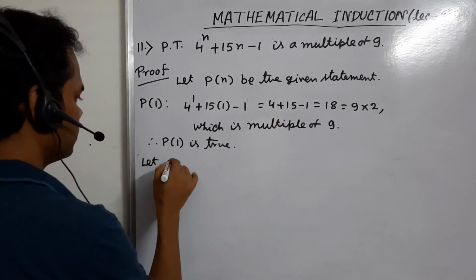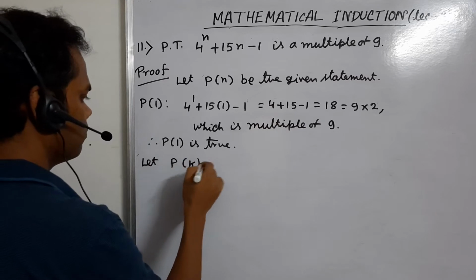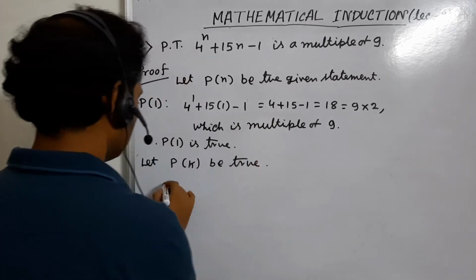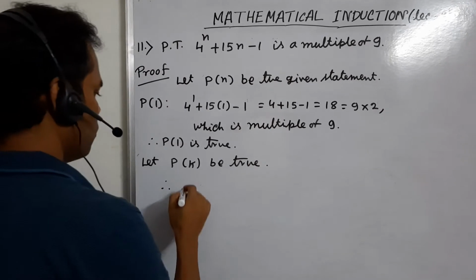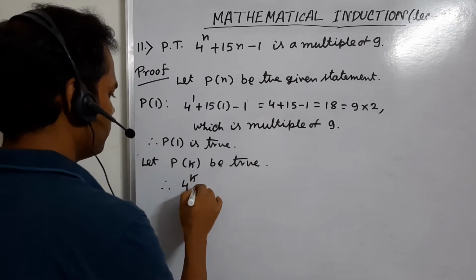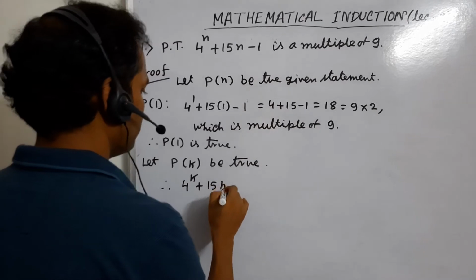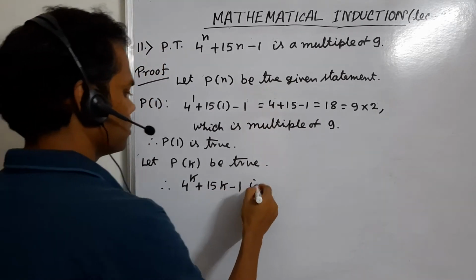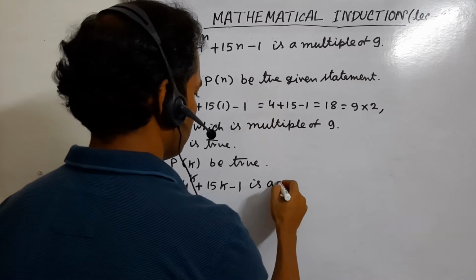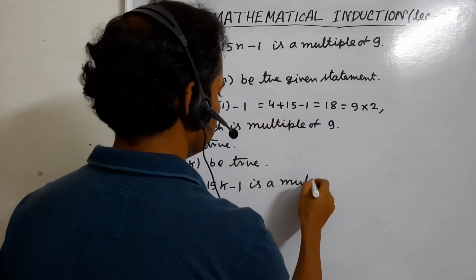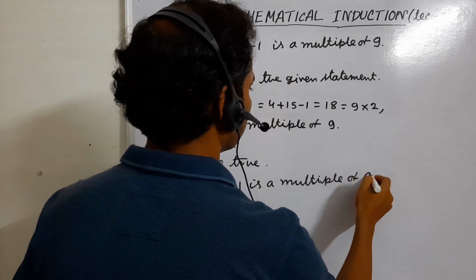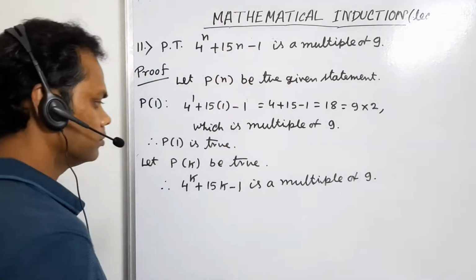Let Pk be true. Therefore 4 to the power k plus 15k minus 1 is a multiple of 9.